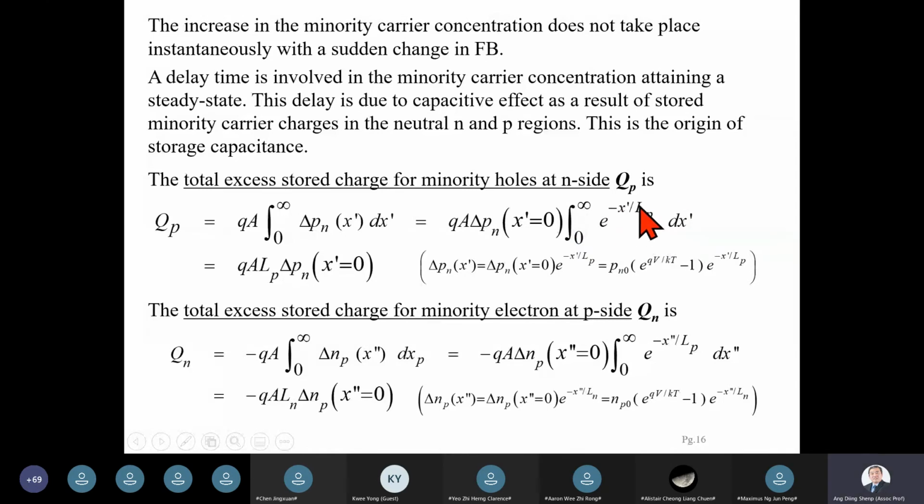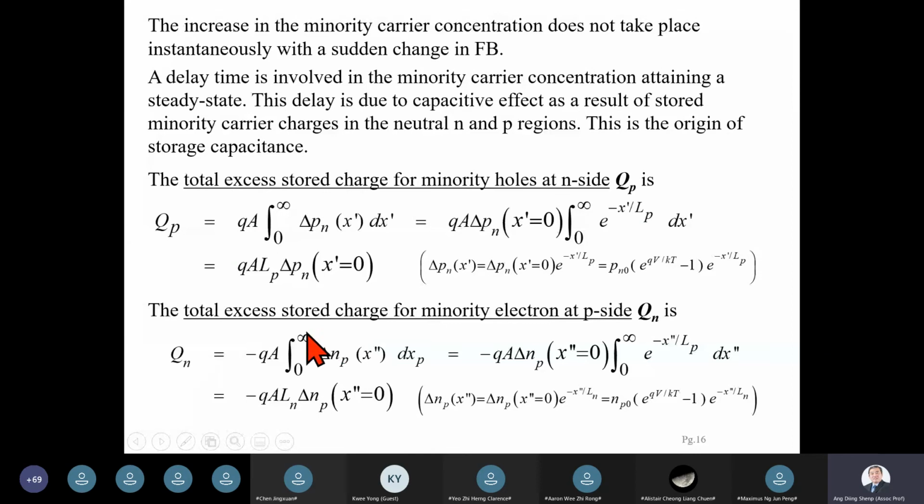You can check that quite easily on your own, and therefore the result that you obtain will be shown here, where the LP term is a factor that you need to introduce when you integrate this exponential function. So this is the final result representing the total excess holes stored at the quasi-neutral N side.